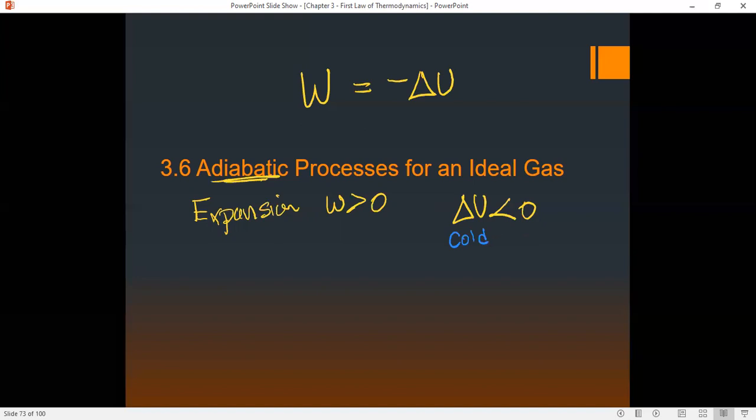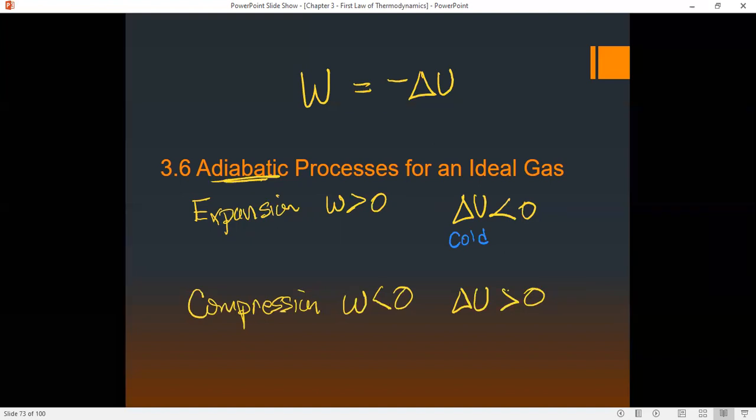If we compress an adiabatic gas, compression, where work is negative, that means that the change in internal energy must be positive. Well, what's happening to the gas in that case?